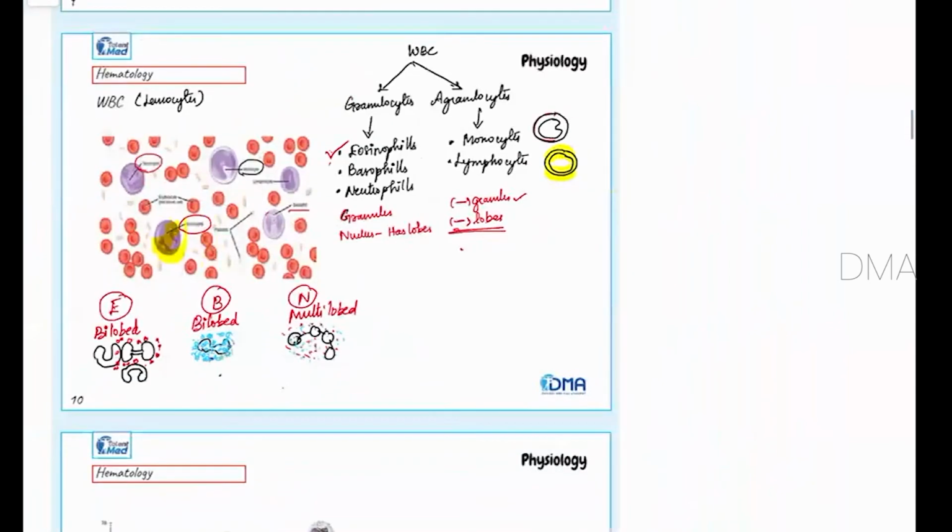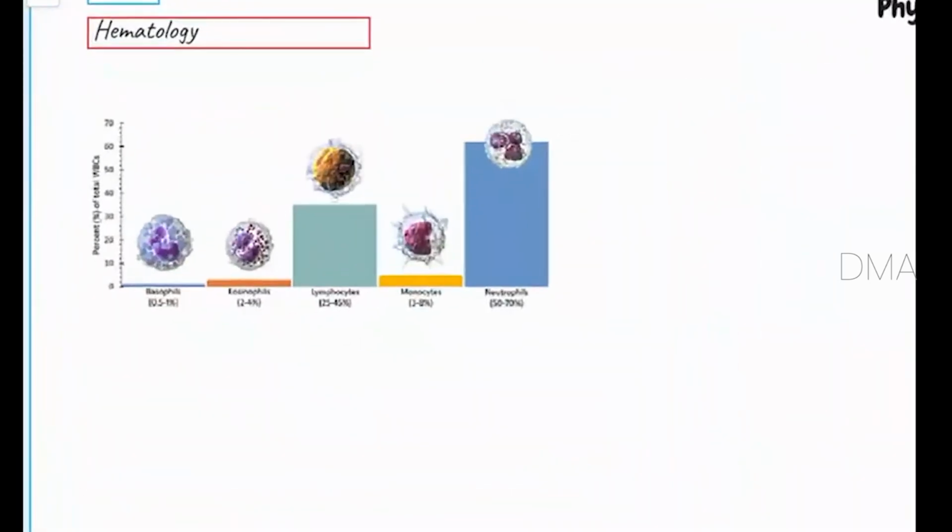Now coming to the composition. When you take the differential leukocyte count, you count 100 cells and report the cells in percentage. Basophils are only 0.5 to 1%, always less than 1%, so normally basophils cannot be seen in a normal differential leukocyte count.